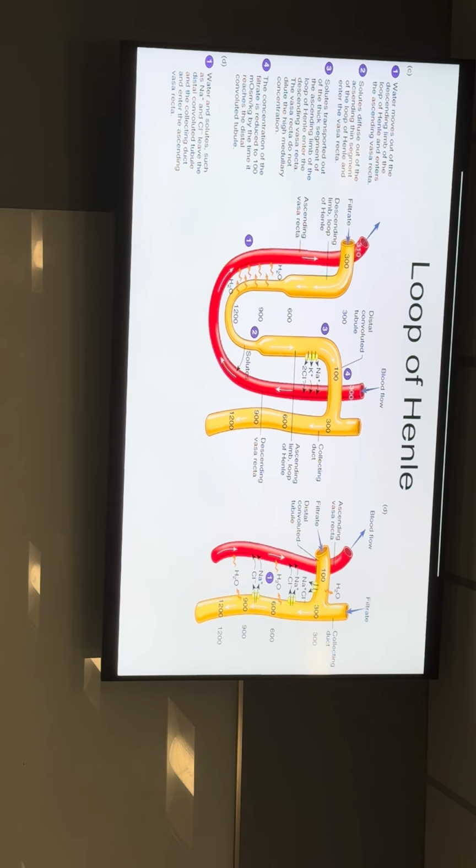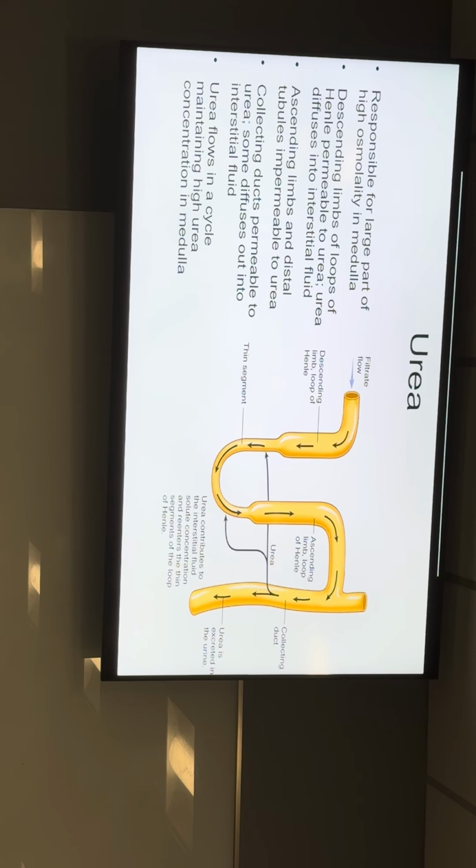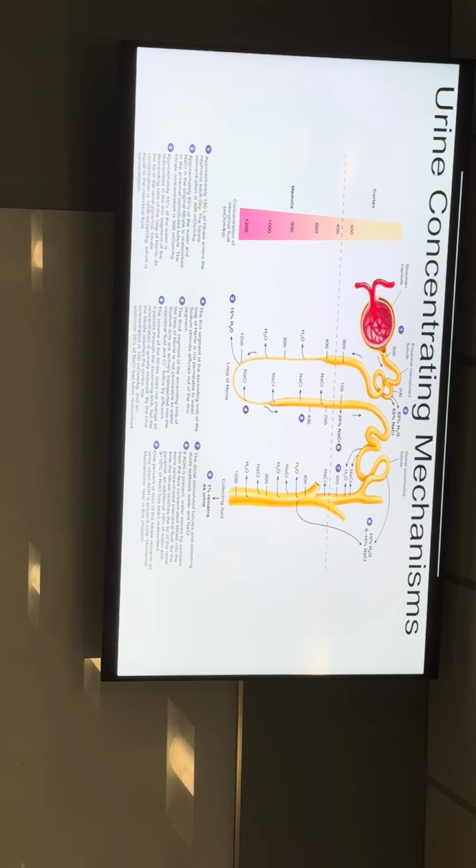And then depending on whether or not you have aldosterone and antidiuretic hormone, you reabsorb sodium and or water. Okay. So now the medullary pyramid is super salty because we removed water and we added urea and a little bit of salts.